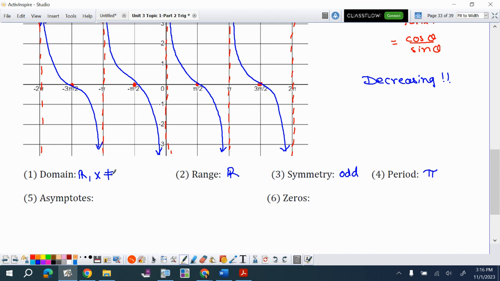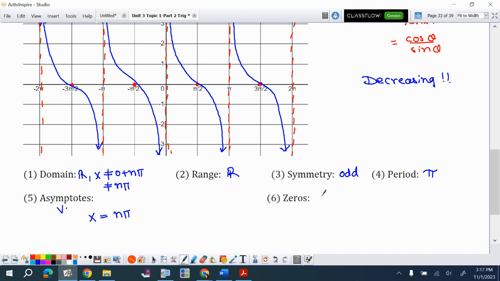So you can say x cannot be 0 plus n pi. Normally we don't write 0, so you can say x cannot be n pi. Asymptote is the same, we just write x is equal to n pi. For the domain, x cannot be, we are excluding those x values. For the asymptote, we are saying vertical asymptote at every n pi.